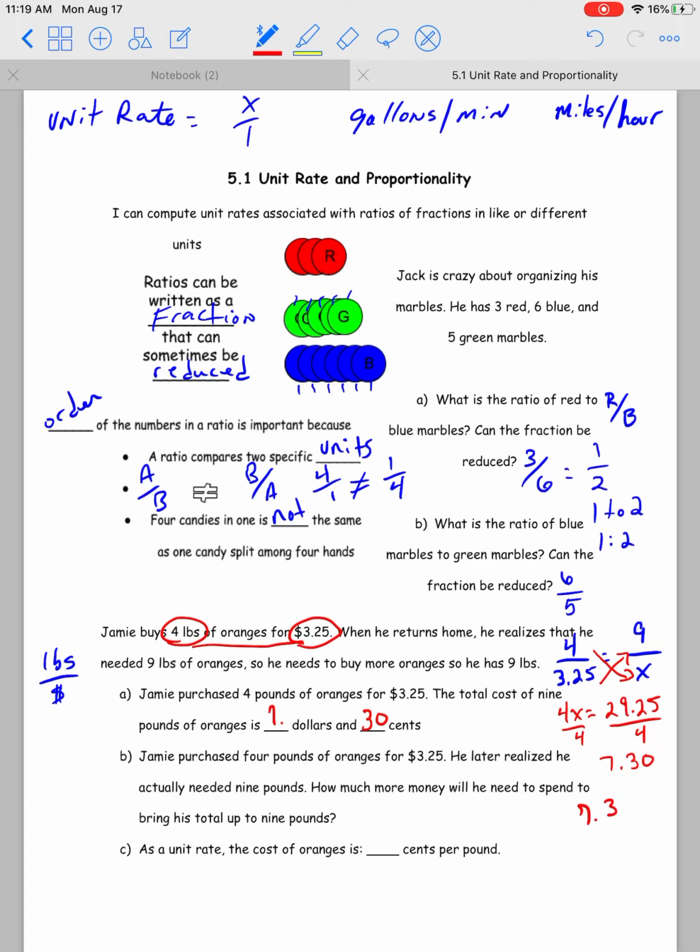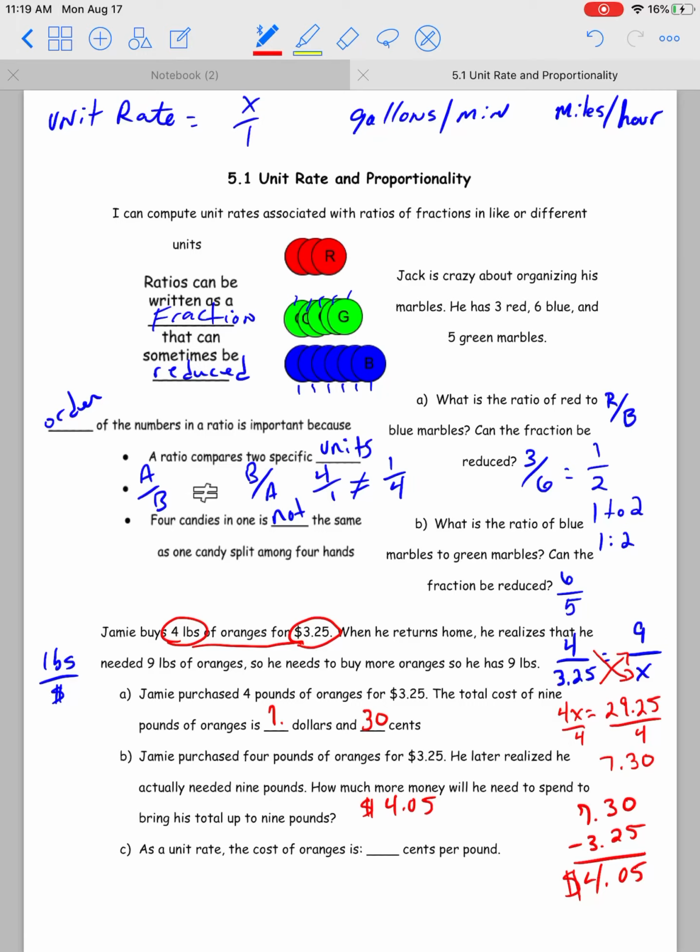So we're going to take our total $7.30 and subtract $3.25. So $7.30 minus $3.25 will give you $4.05. So he has to spend $4 and 5 cents more to get the remainder of his oranges.